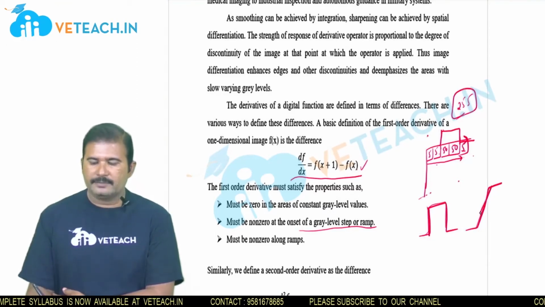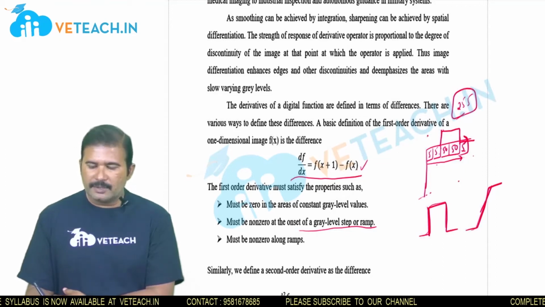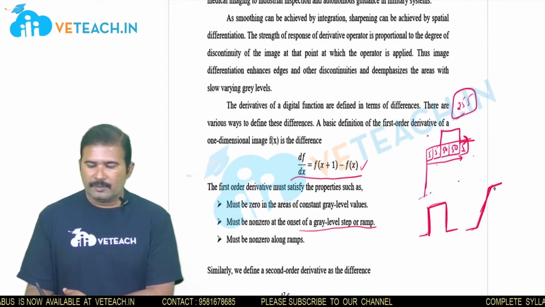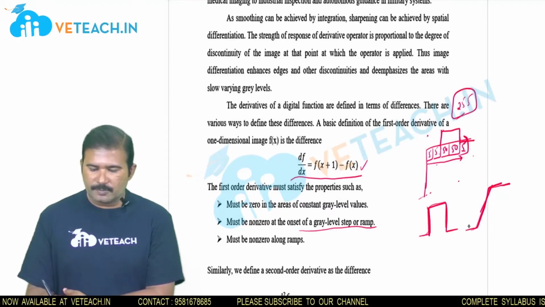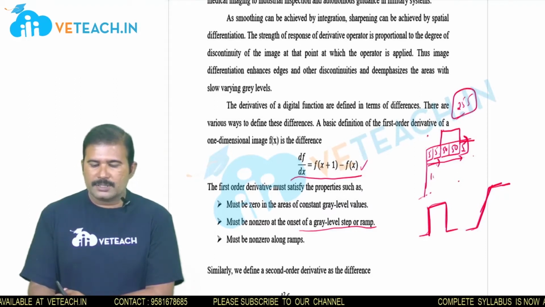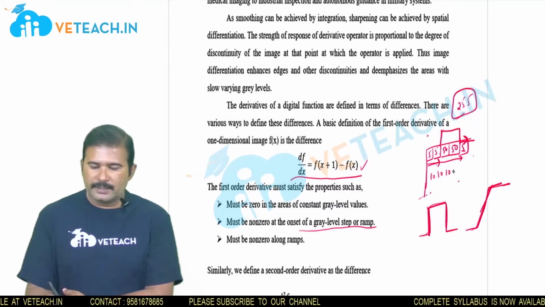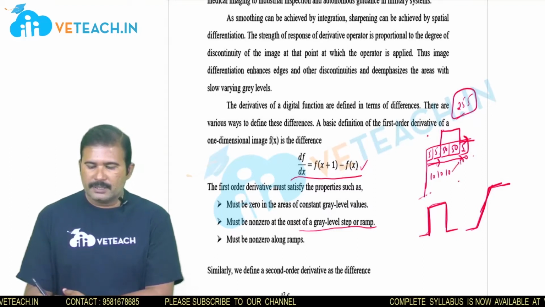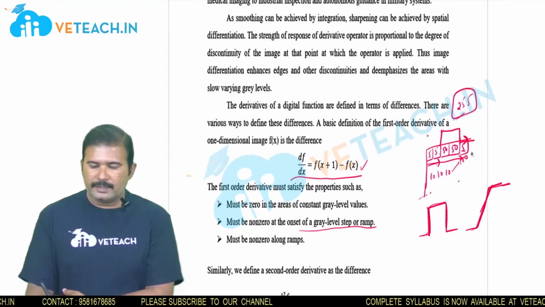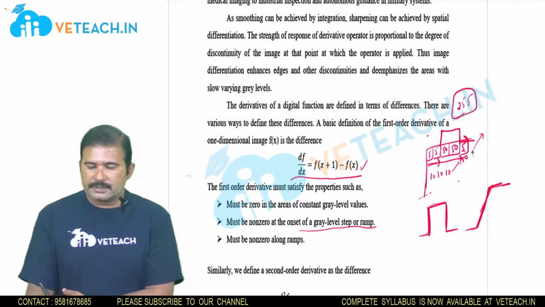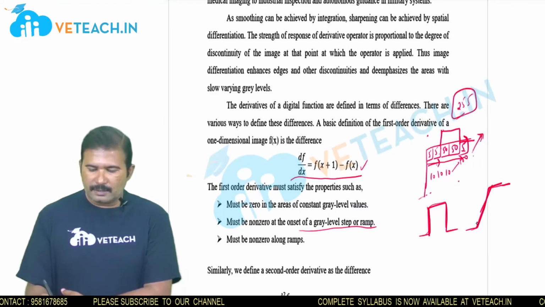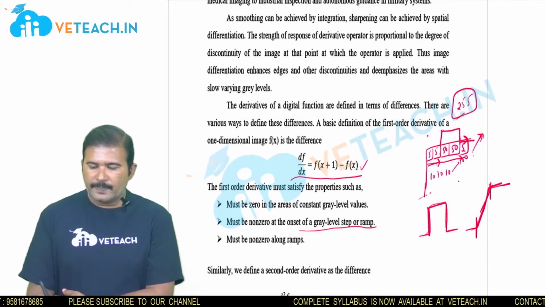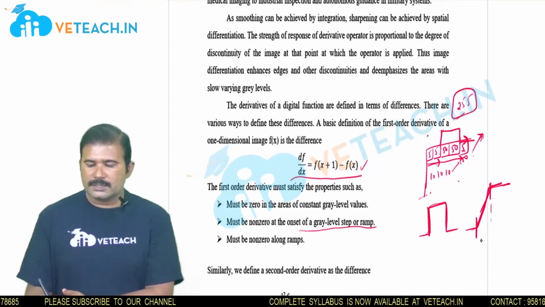Similarly, a ramp. That means there is a gradual increment of the gray level values to a highest level. Suppose the values are constant, 10, 10, 10, and then there is a sudden rise, the step value increases to 100, and thereafter increases gradually, linearly. The starting point and this point are called the onsets of the ramp.